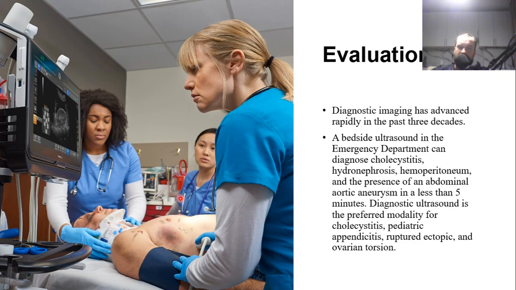Diagnostic imaging has advanced rapidly in the past 3 decades. A bedside ultrasound in the emergency department can diagnose cholecystitis, hydronephrosis, hemoperitoneum, and the presence of an abdominal aortic aneurysm in less than 5 minutes. Diagnostic ultrasound is the preferred modality for cholecystitis, pediatric appendicitis, rupture, ectopic, and ovarian torsion.